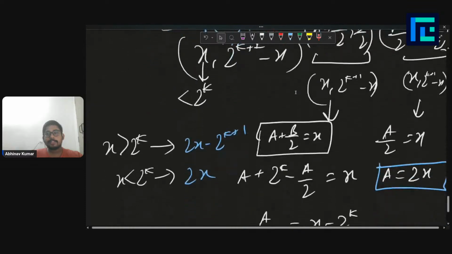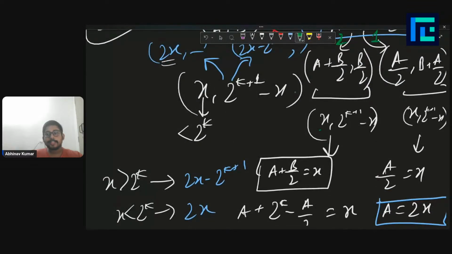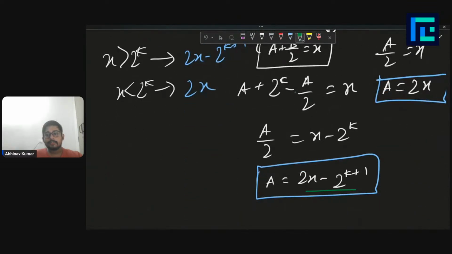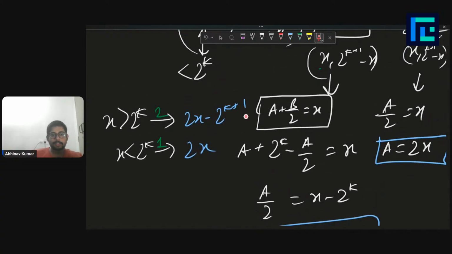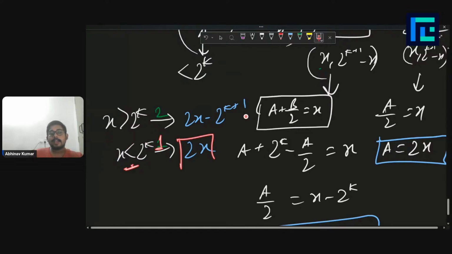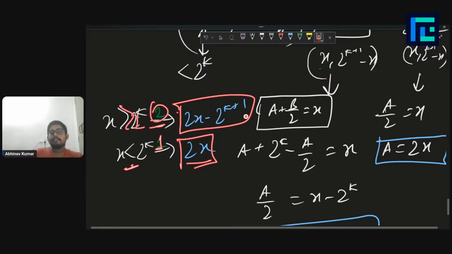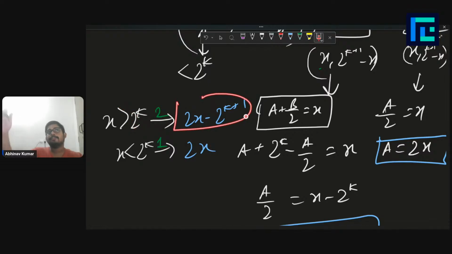So with operation number 2, you obtain 2x minus this, and this is obtained with operation number 1. So if x is less than 2 to the power k, you apply operation number 1 and backtrack to 2x. If x is greater than 2 to the power k, you apply operation number 2 and backtrack to this value. Then update your x with this value, and keep on repeating it.